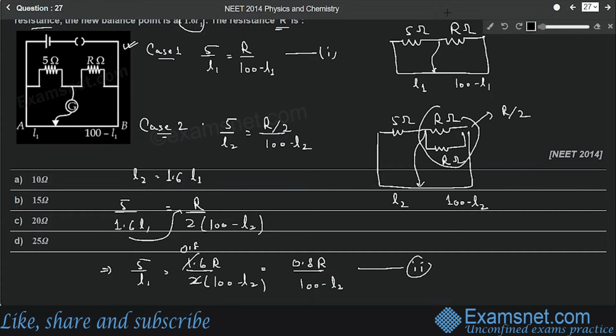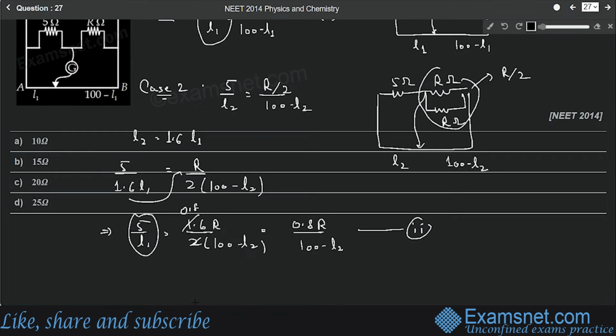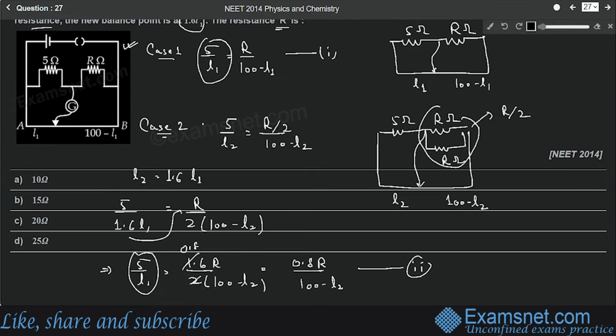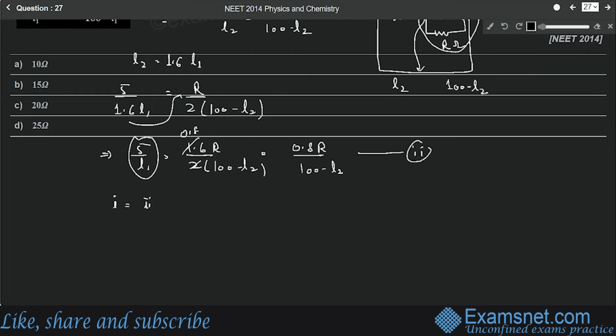Now you can see in equation number 1 and equation number 2, both on the left hand side we have 5 by L1. That means both these values will be equal. Okay, equation 1 equal to equation 2. That means the right side will also be equal. So right side in equation 1 is R by 100 minus L1, which will be equal to the right side in equation 2, that is 0.8 R by 100 minus L2.